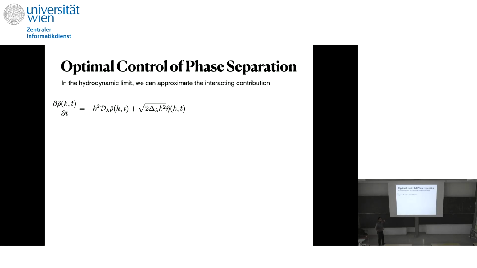From the continuity equation for the density, we use it as a starting point to get a fluctuating density form for the system, but we're treating it as diffusive in this limit. Obviously, doing optimal control considering not only the density but also the orientation, like the polarization, would be very interesting, but it's also not possible at this point.